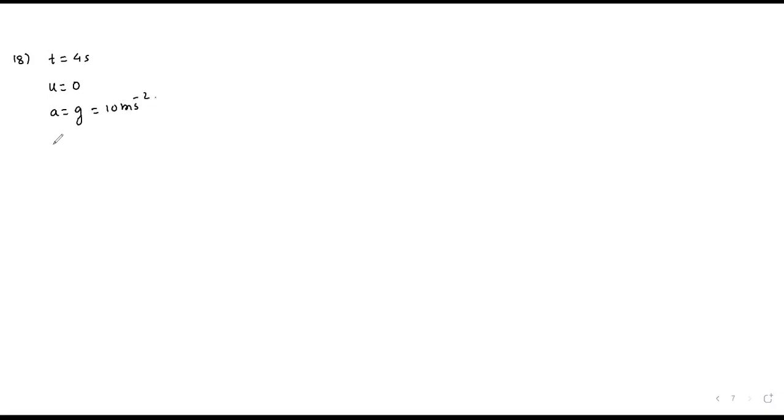What they want here is to find the height of the tower. H is the question. Since we have S is equal to ut plus half at square, 0 plus half g into t square, half g value is 5, t is 4 the whole square, something meters is the height.